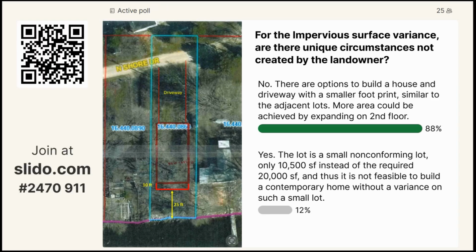Non-conforming lots are very common, and our hope is that communities will encourage property owners to meet the standards even on some of these non-conforming lots. The structure's footprint could certainly be reduced and go higher to achieve the desired living area, and the no answer supports that approach, and it specifically puts that line of reasoning clearly in the finding here.